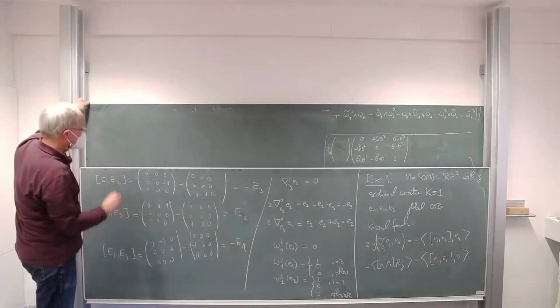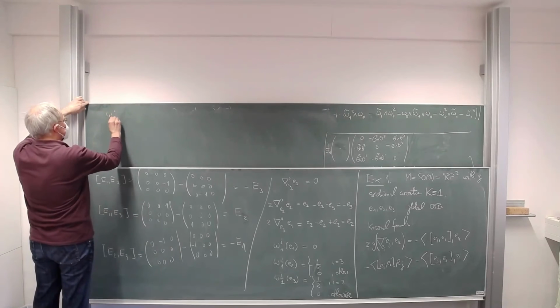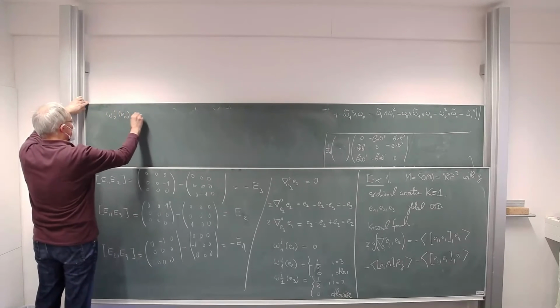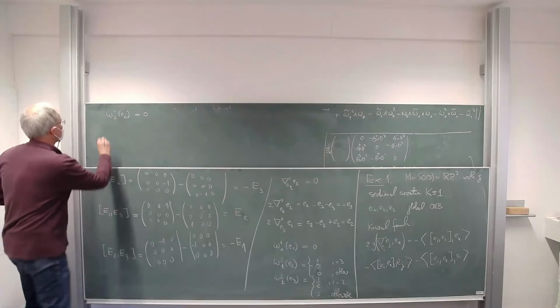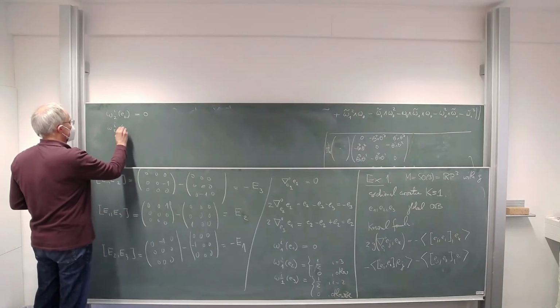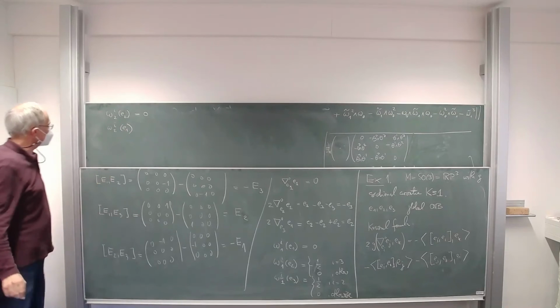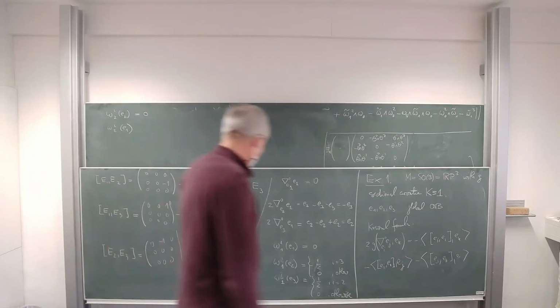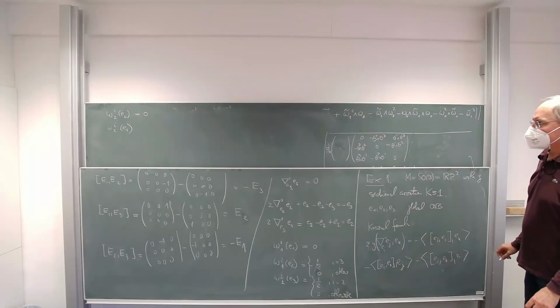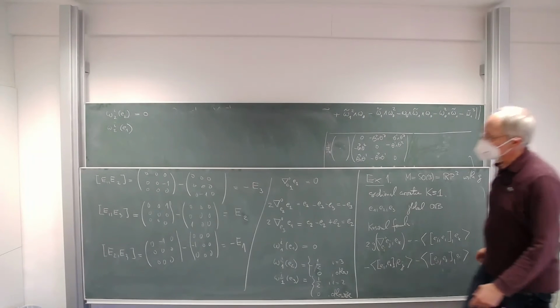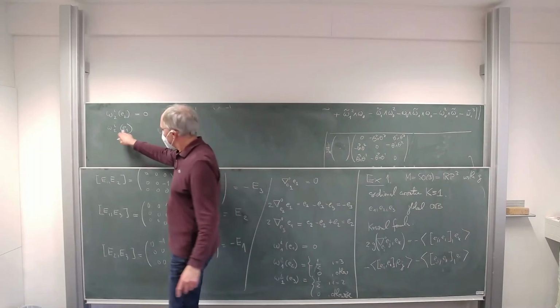Okay, omega I2 of E2 will be 0 for the same reason as here. Then omega 2I of E1. So this time I'm differentiating E1, but in the 2 direction. No, I'm differentiating E2, but in the E1 direction.